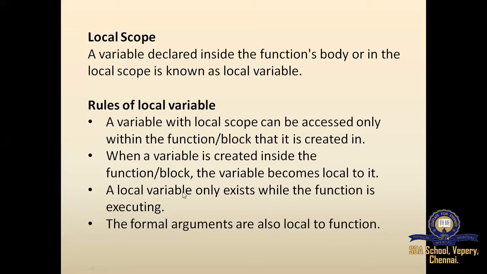A local variable only exists while the function is executing. Of course, formal arguments, the arguments you see in your function definition, are also local to the function. Are you clear what I'm saying? These are the rules for declaring a local variable in a function block.